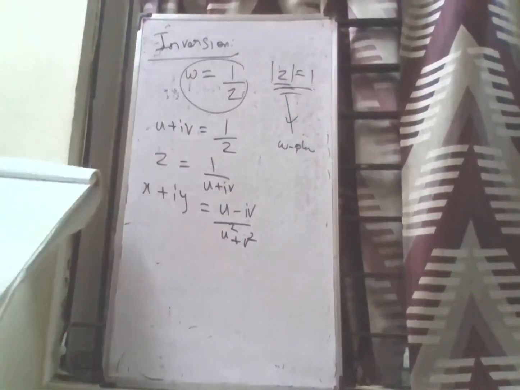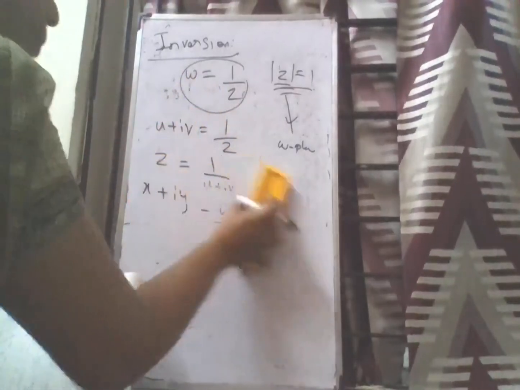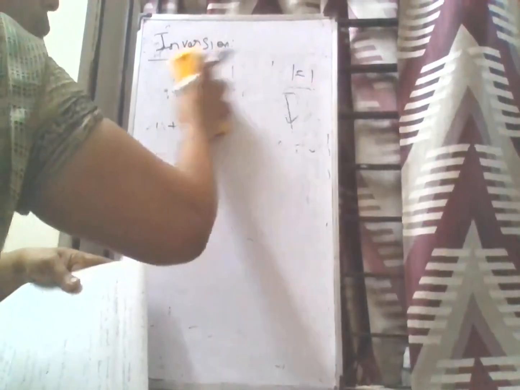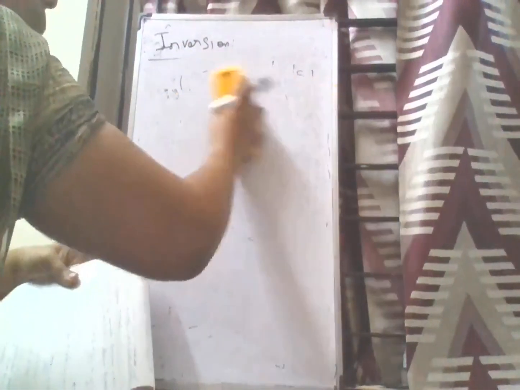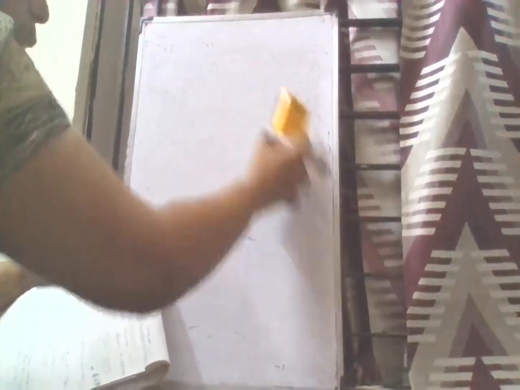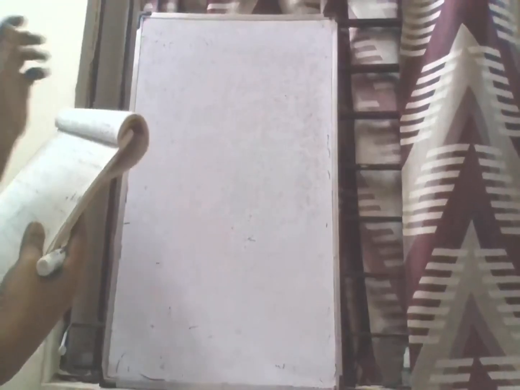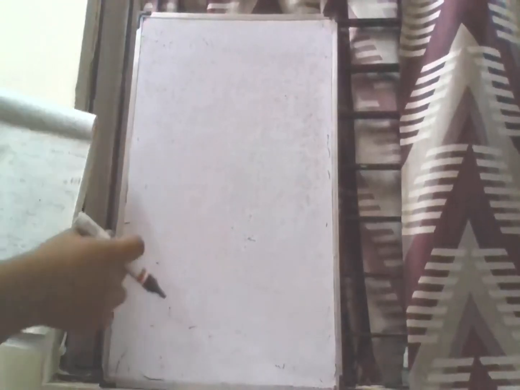Okay, I think this information is enough for you. I'll go for the problem. Problem number one. I'll tell you the purpose of this conformal mapping, specifically when to use it.